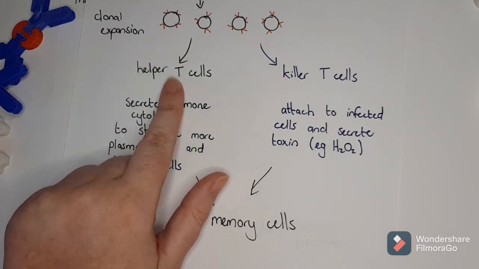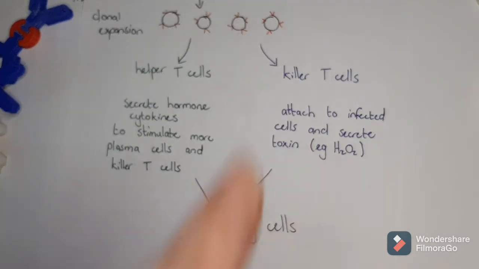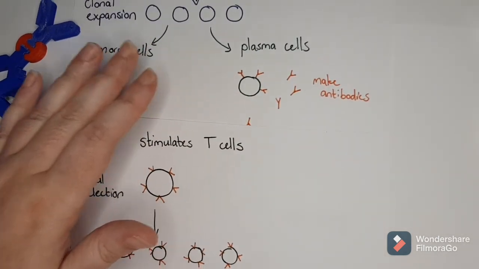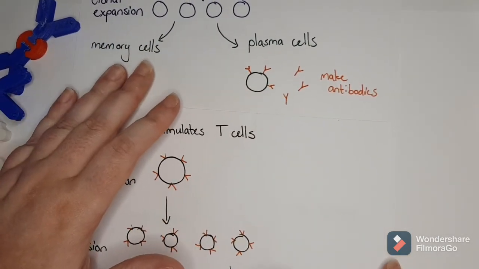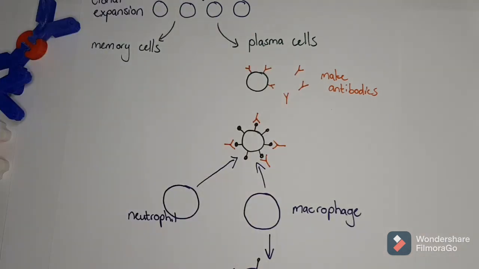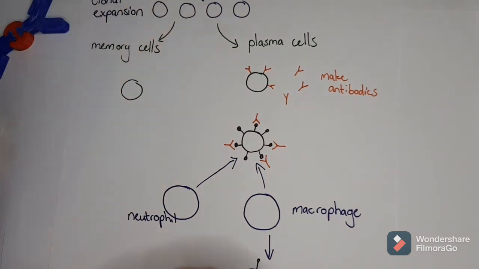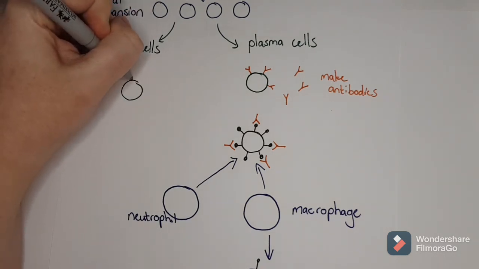So you make helper T memory cells, killer T memory cells, as well as your B memory cells. And those B memory cells, just like the T memory cells, go around and have those antibodies on the outside always.